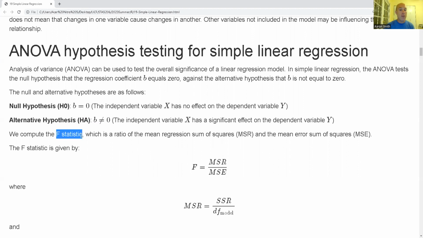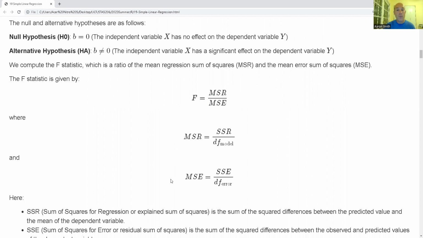We're going to compute an F statistic, which is the mean squares regression over the mean squares error. And so here is my F statistic. And so notice I'm taking two measures of variance, making a ratio, and then I take the degrees of freedom and I find my p-value.